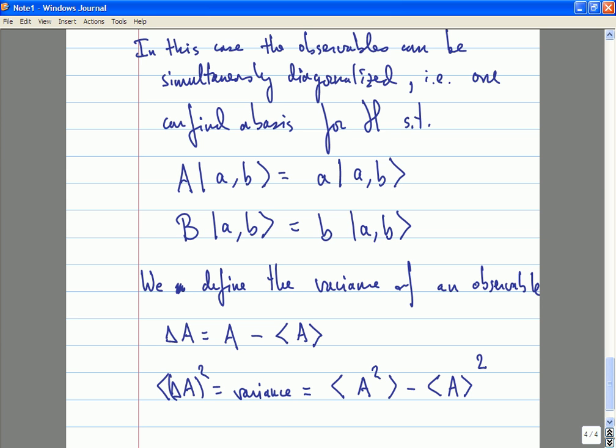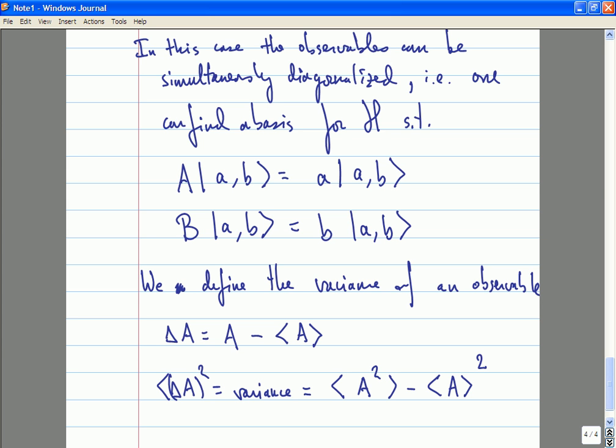If you have some quantity A that you're measuring in some statistical sense, so you're measuring it lots of times and collecting statistics, then the variance of that variable is the expectation value of the square of that variable as compared to the expectation value of that variable, quantity squared.